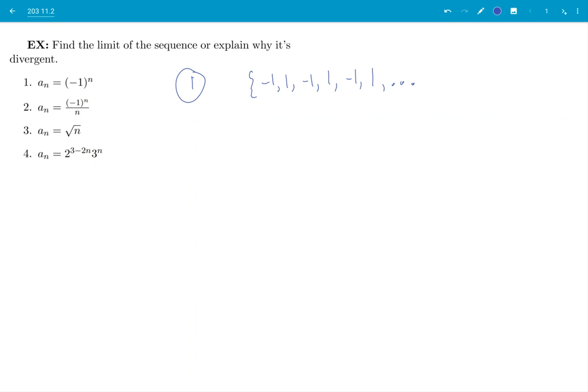Now, is this approaching anything? No, it's not. So this one we would say is divergent, right? Because this story is not going anywhere. It's just alternating forever. It never approaches anything.